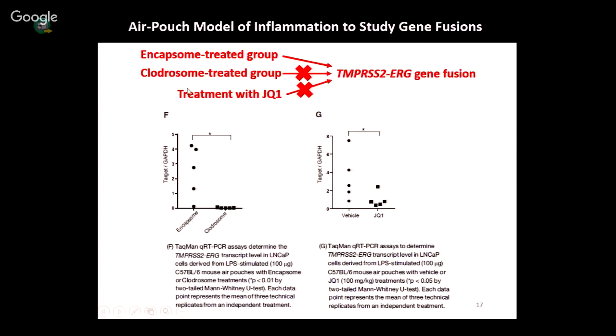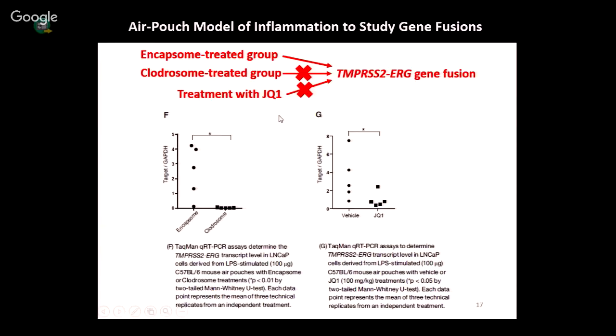Okay. The encapsome is the control group that's just without macrophage depletion, and clodrosome is the macrophage depletion setting in this study. So if macrophage is not depleted, then there will be TMPRSS2 and ERG gene fusion. But if the macrophage is depleted, then there will not be this result.